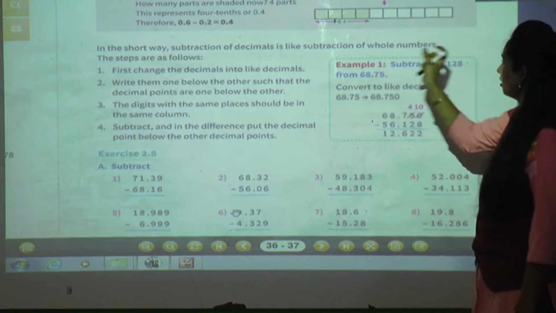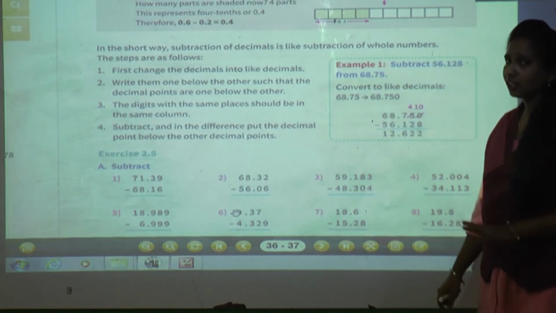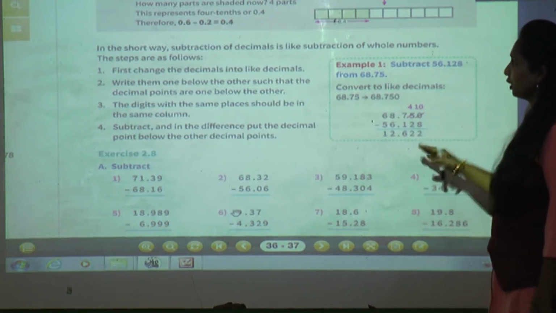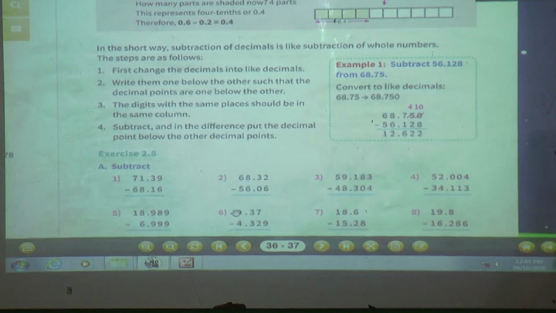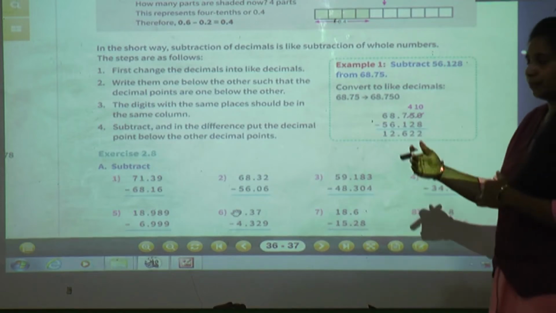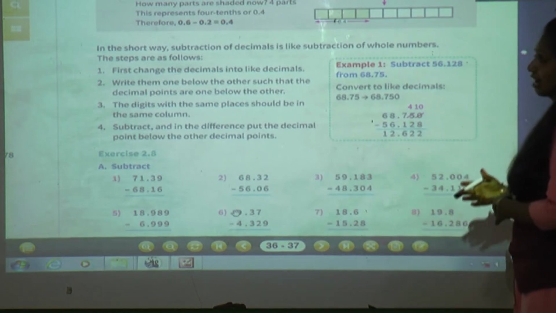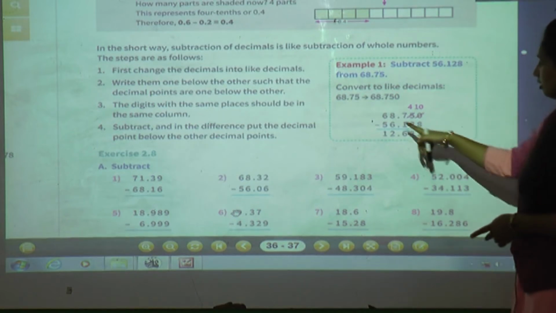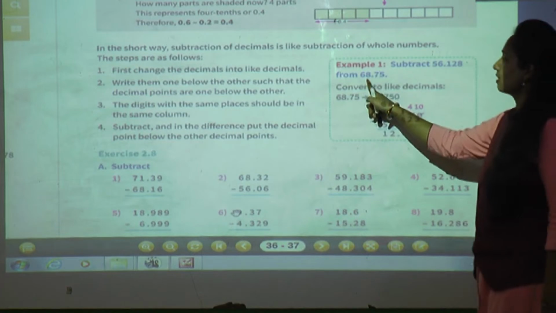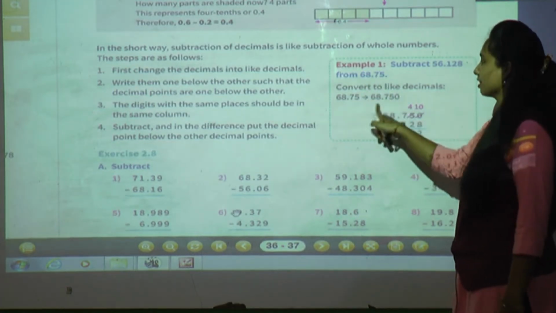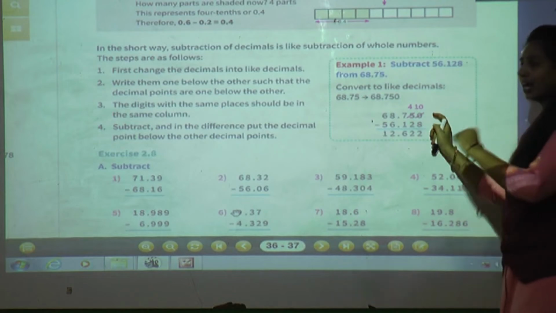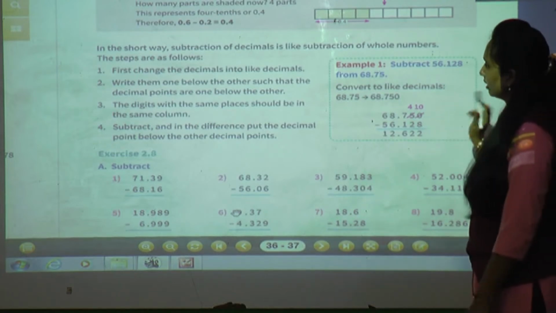See here, 3 digits and here 2 digits. These are not like decimals. So first we need to change them into like decimals. Then write them one below the other such that the decimal points are one below the other, isn't it? So 68.75 means 68.750. You only have to add 0 after the digit.